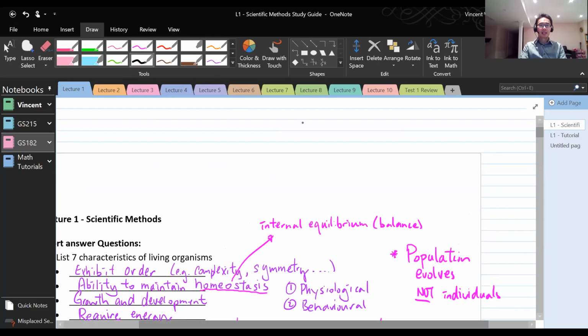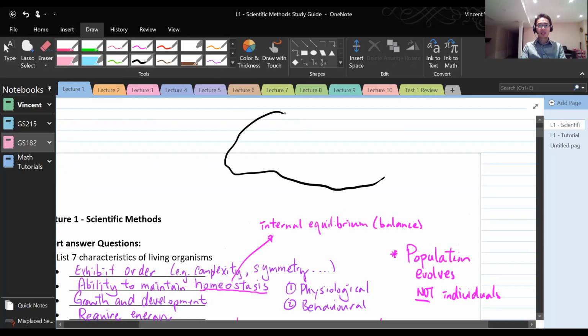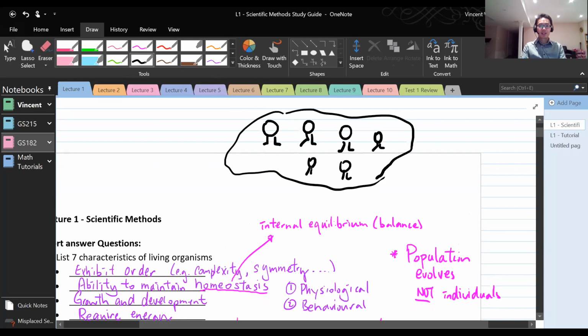Let's say there is an island, and on this island there is a type of organism that looks like this. These little things with two legs come in two forms. Some are naked, so to speak.